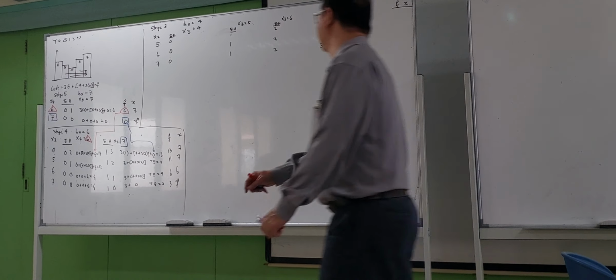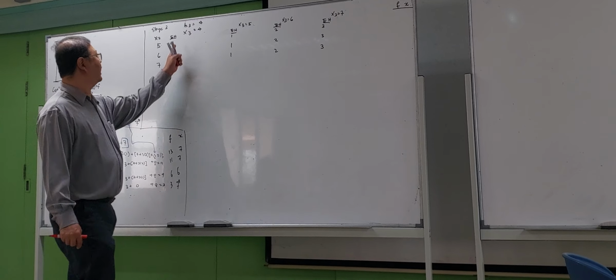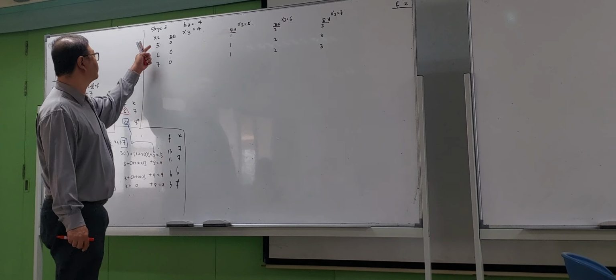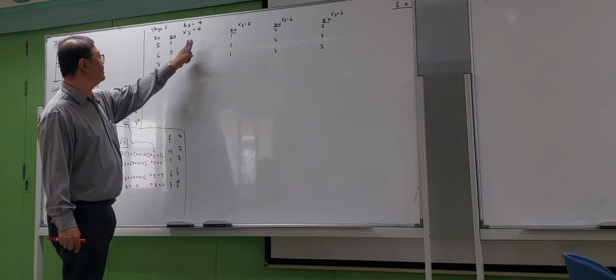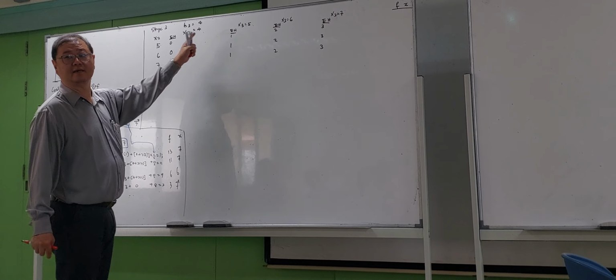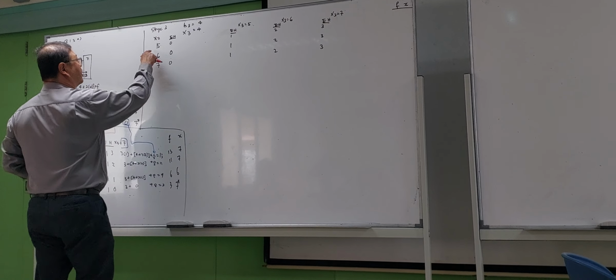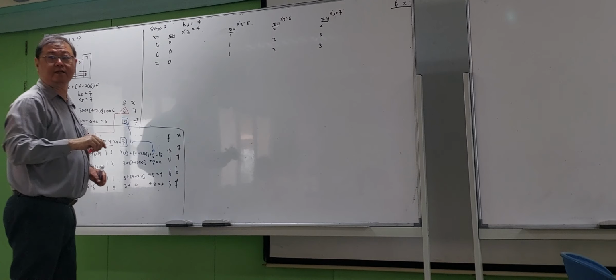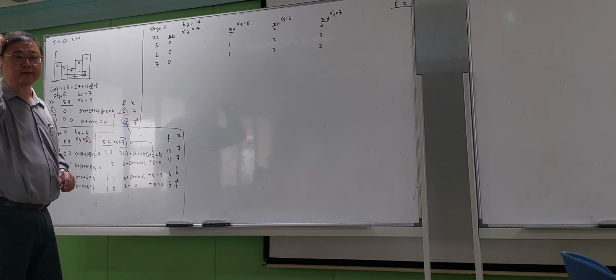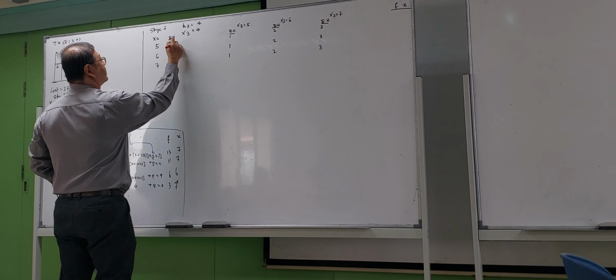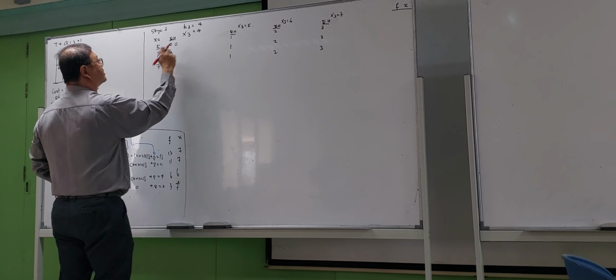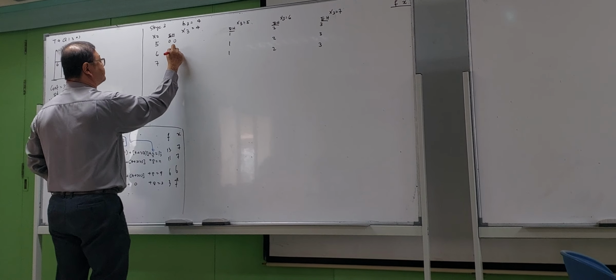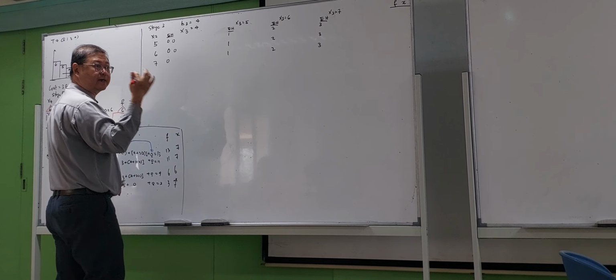Okay, now we look at it. How to get the H value? You compare X2 and X3. Okay? So, previously you have 5 workers, now you have 4 workers. Do you need to hire any worker? No. Okay? 6 to 4, you cut 2. 7 to 4, you cut 3 workers.